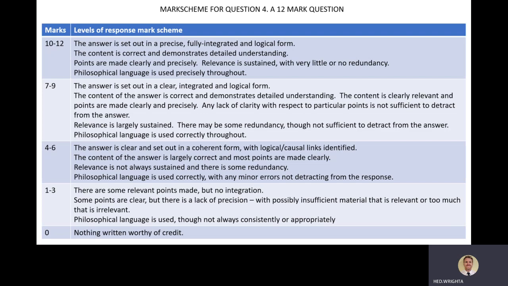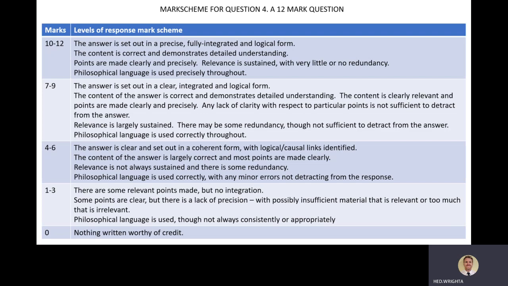The answer is clear, set out in coherent form. Logical causal links identified. The content in the answer is largely correct. Most points are made clearly. Relevance is not always sustained. There is some redundancy. So a student who's written an answer that's getting 4 to 6 will be thinking, I've written a good answer here. Like it says, the content is largely correct. Points are made clearly. But what they won't be doing is evaluating it.